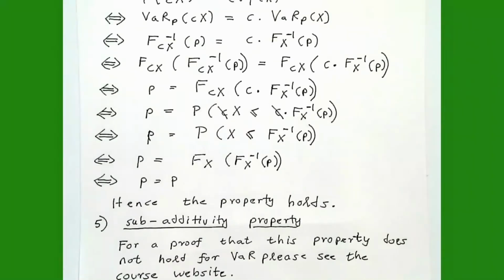All right. So if you look at the course website, which you all know, there is a proof that the value at risk does not satisfy this sub-additivity property. All right, so this is the first part of this video.